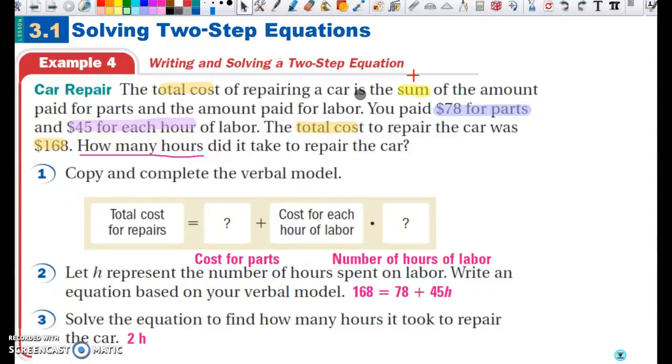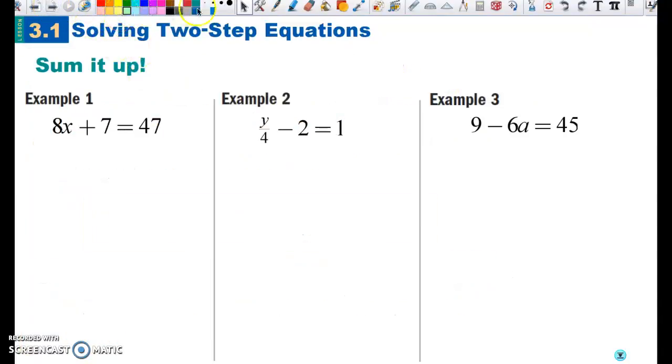The hardest part about this is writing the equation. I tried to help you by identifying a strategy. Match up words that make sense. Look for operation words and words like is.